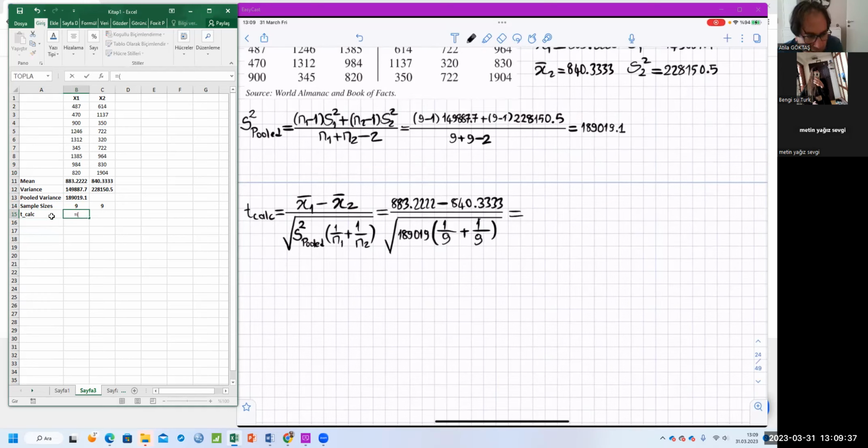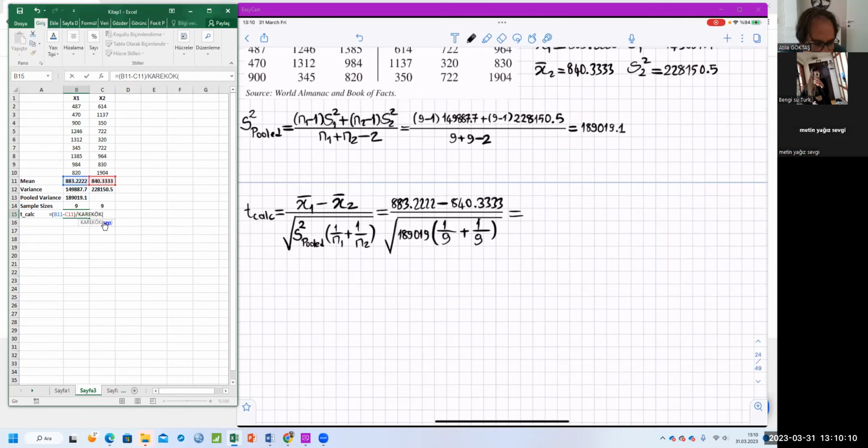In the numerator, I'll have the first mean minus the second mean, close the bracket, and divide it by the square root. The square root function in Excel, if you're using the English version, is SQRT, but I'm using the Turkish version, so I automatically have the function karekök.